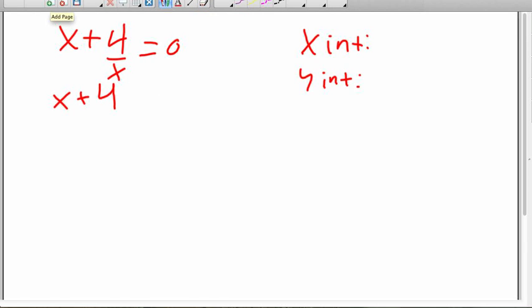So you have x squared plus 4 equals 0. Solving for x, you'd get plus or minus 2 squared plus 4 is 0. So there's no x-intercept because that doesn't exist. Now you find your y-intercept.